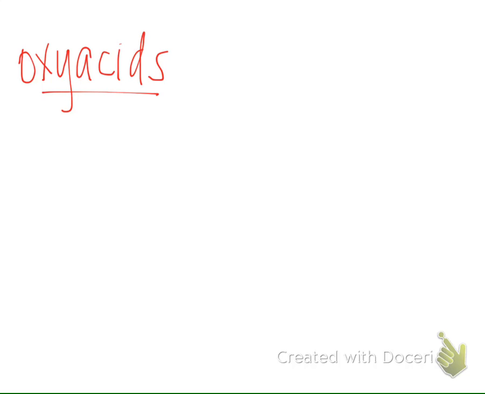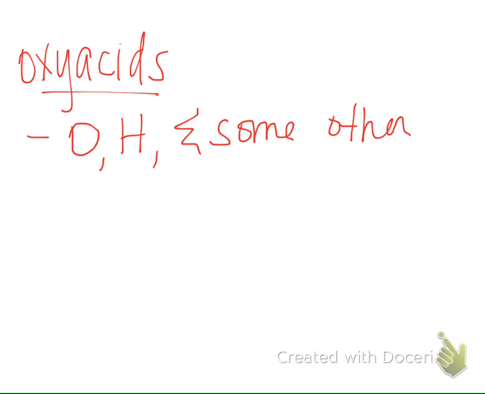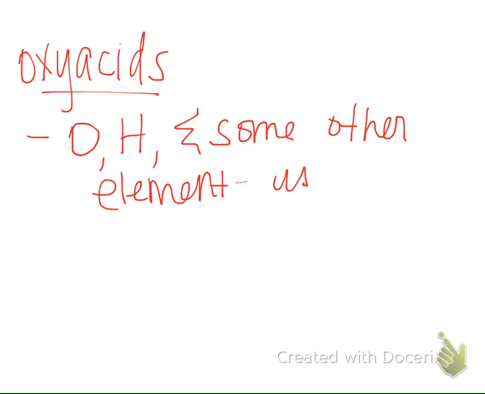What does this mean these acids probably contain? Oxygen. Okay, so we know they have to contain oxygen. What else do they have to contain to be an acid? Hydrogen. Okay, so they're always made up of oxygen, hydrogen, and then some other element, usually a nonmetal.